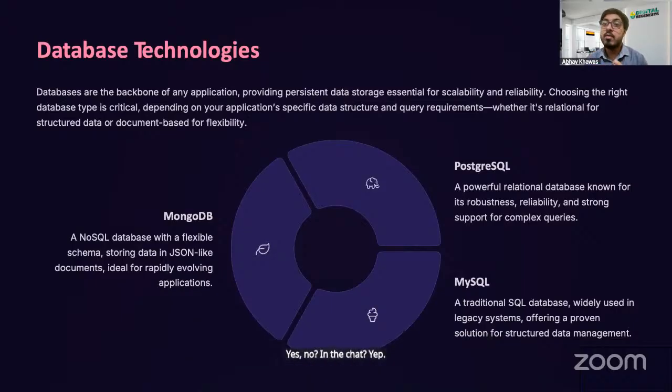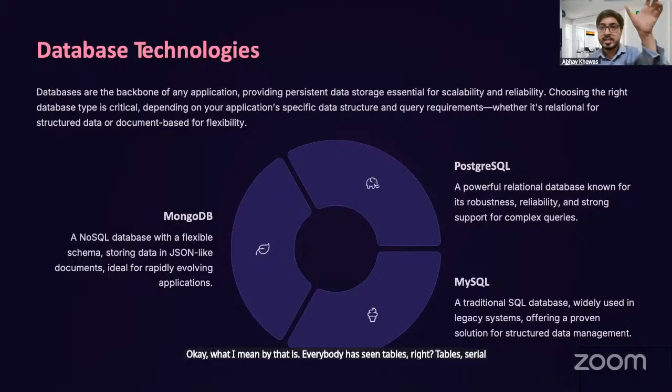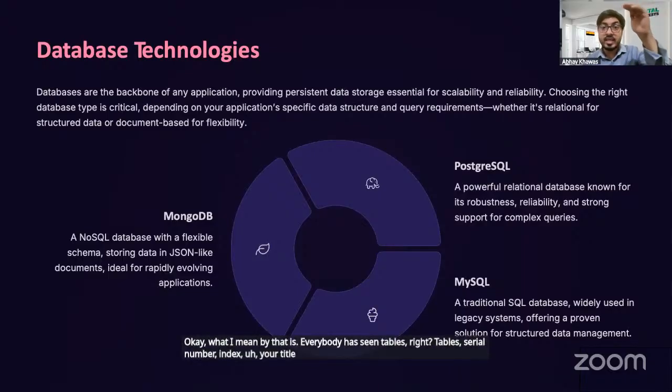Yep. And MongoDB is basically like JSON data. You saw JSON data; MongoDB is like that, basically. So it's a different flavor of things. No? Okay, I see one no. I'll explain it again, even if it is one no. What I mean by that is everybody has seen tables, right? Serial number, index, the title of things.